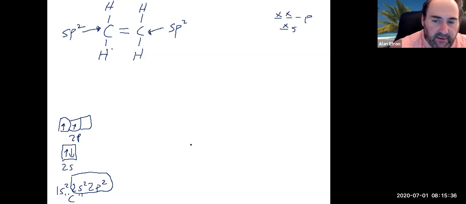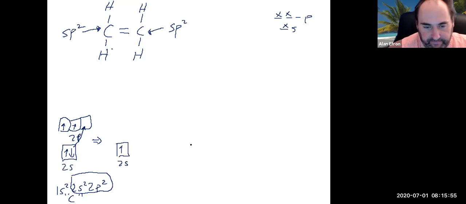As this goes through hybridization, as we talked about last time, this electron in the lower guy would come up to this empty spot here, and then it would hybridize, right? So we would get this guy that looks like this. And each of these would have an electron in it.